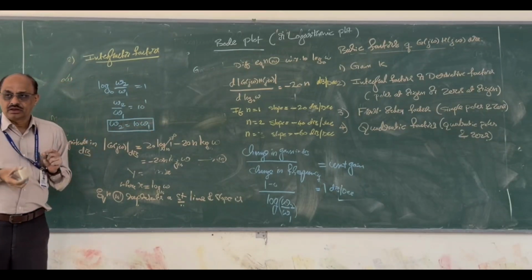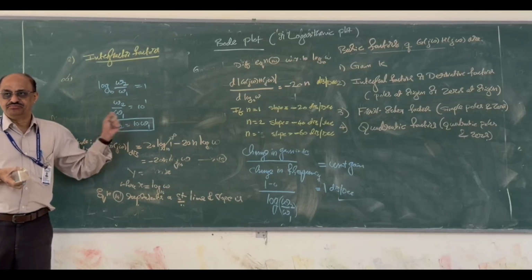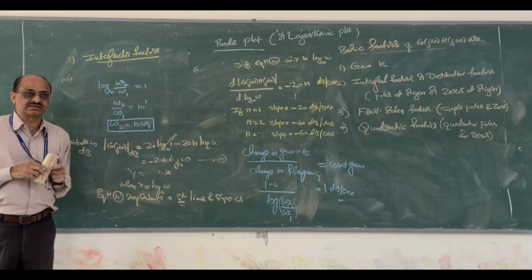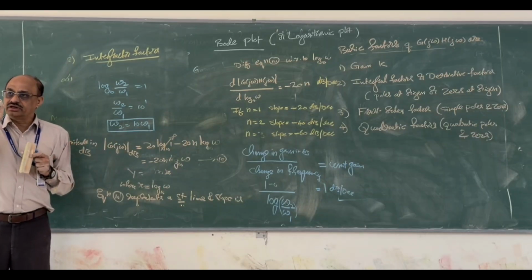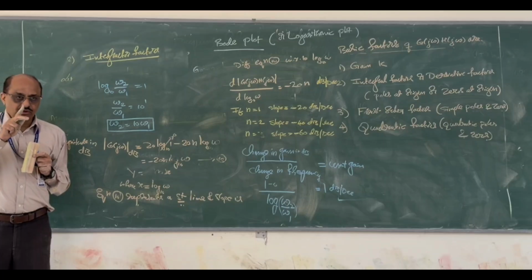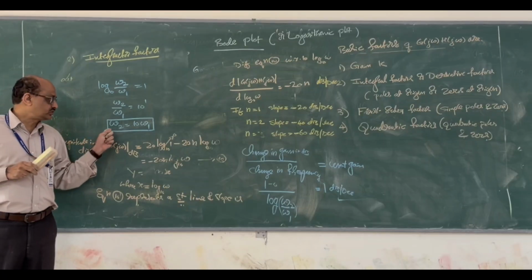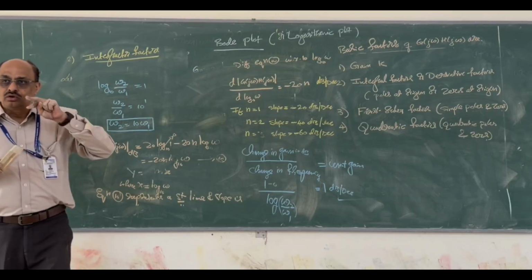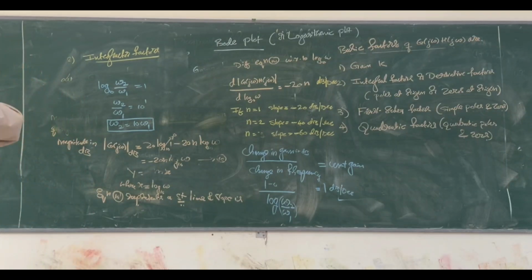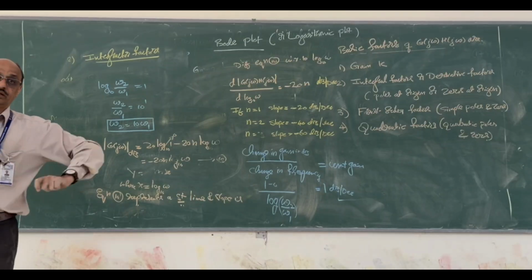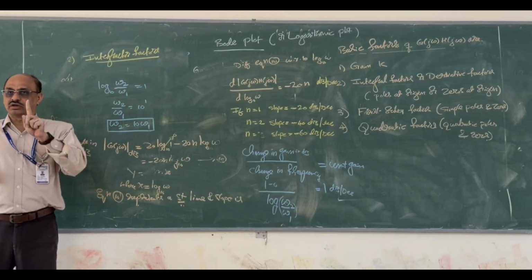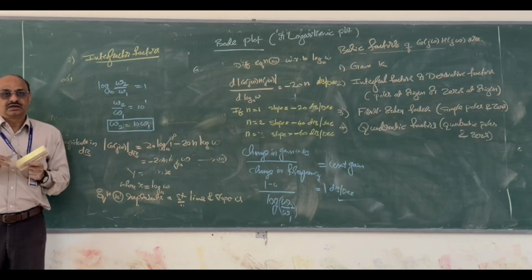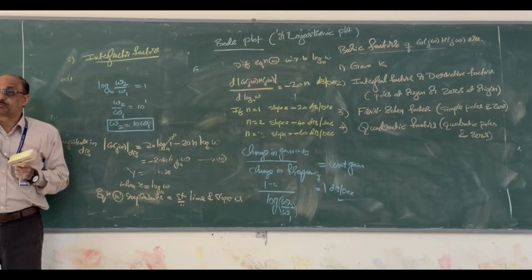Note that this is called a decade. Change in frequency to 10 times the previous frequency is called a decade. 1 unit of gain change with respect to a change in frequency of 10 times is known as dB per decade. 1 dB per decade means the change in gain is 1 dB with respect to a change in frequency of 10 times the previous.